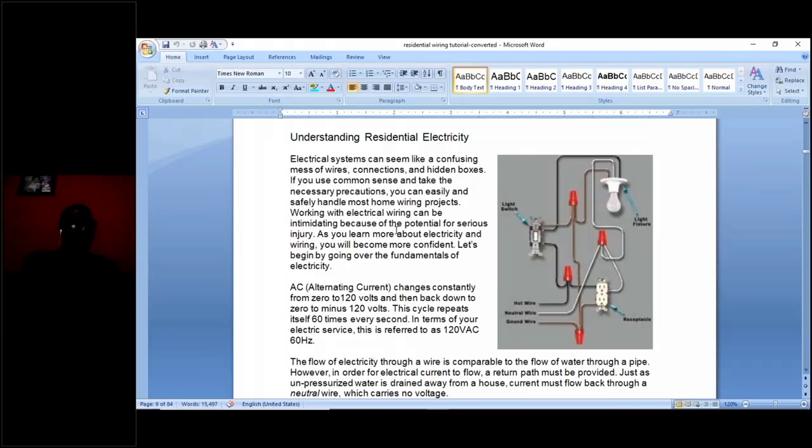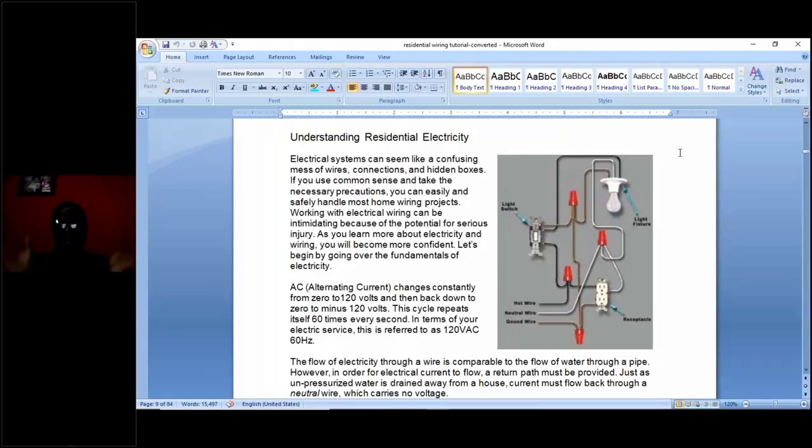Electrical systems can seem like a very confusing mess of wire. When you see all those complicated systems, in your junction boards, in your cubicles around your homes, you'll be like, so what are these?